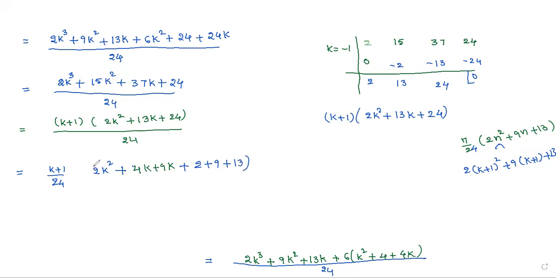I will write k plus 1 by 24: 2k square plus 4k plus 2, 2 is common, k square plus 2k plus 1, plus remaining terms 9k plus 9, 9 is common, plus 1 plus 13.